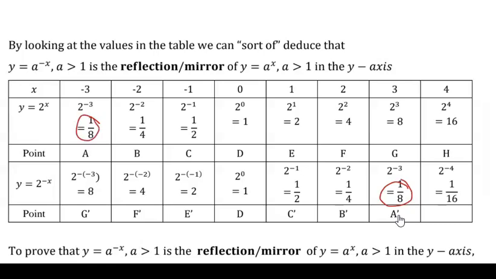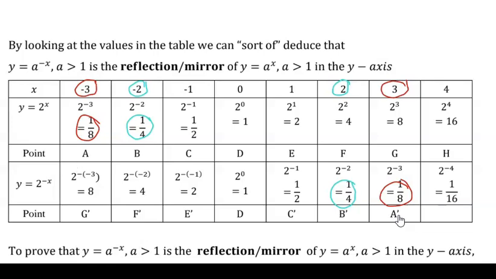And this was at minus 3 and this was at plus 3. And then the next one is when I go to minus 2, I get a value of a quarter, but I will get that again at plus 2, a quarter. And that's why I labeled it with a prime.